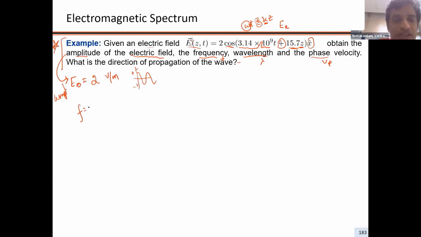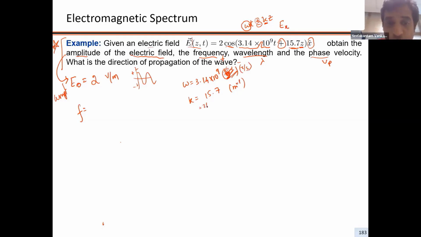The frequency is, how do you find the frequency? We know omega is 3.14 into 10 to the power 9 radians per second, and K is 15.7 per meter.